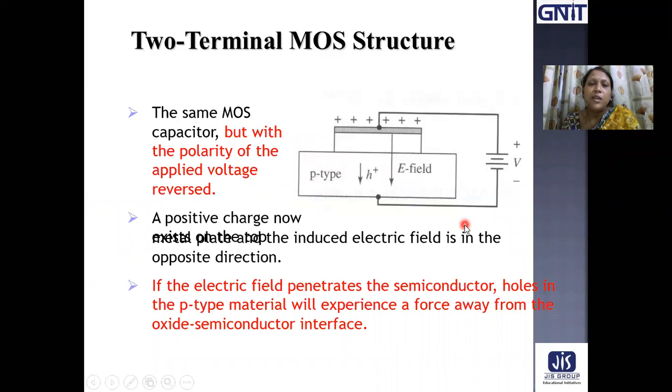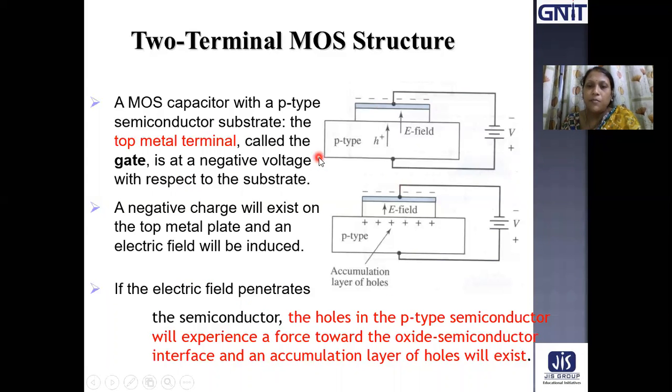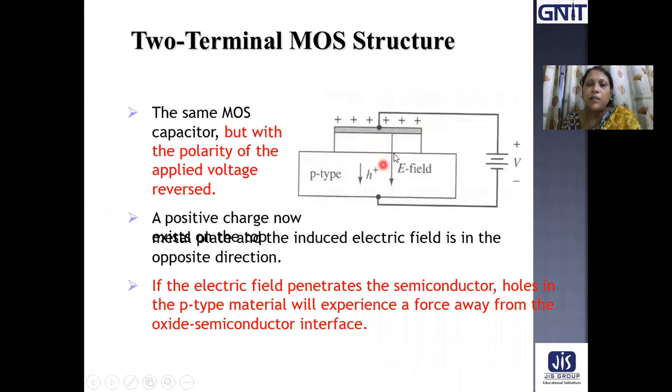So the same MOS capacitor but with the polarity reversed. If this side is positive, then this side is obviously negative, because negative charge will be induced in the bulk semiconductor. A positive charge is now induced, and the electric field is in the opposite direction. The electric field was upward direction, but here the electric field is downward direction.